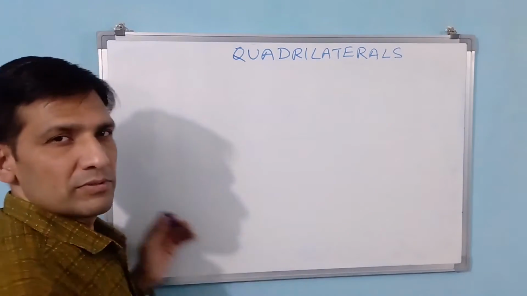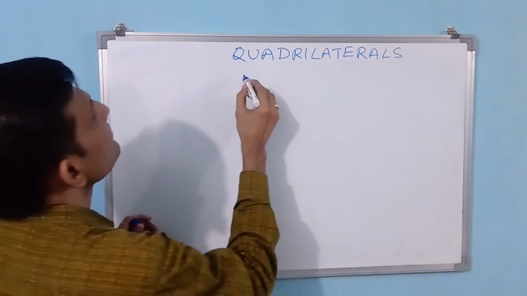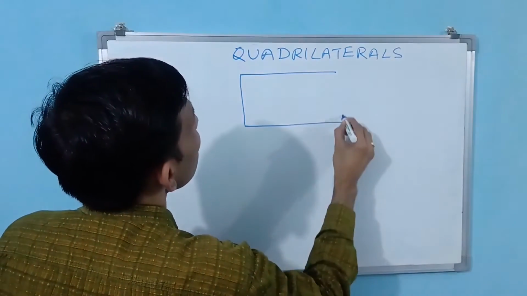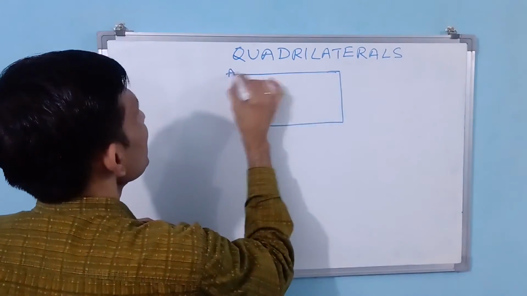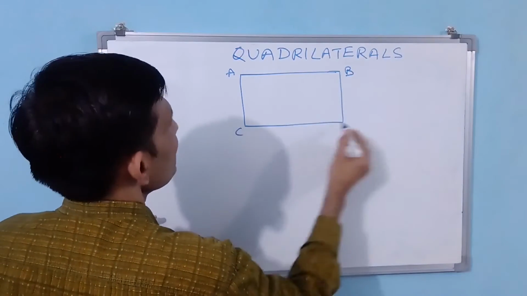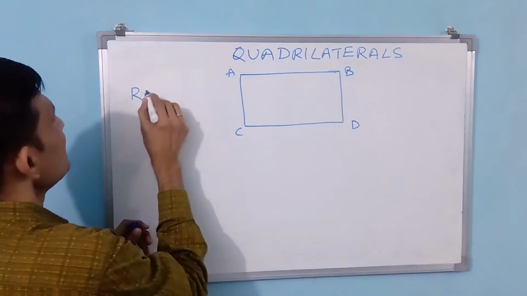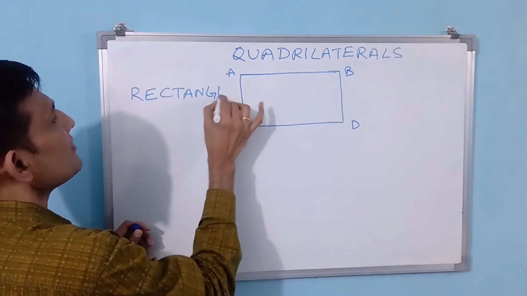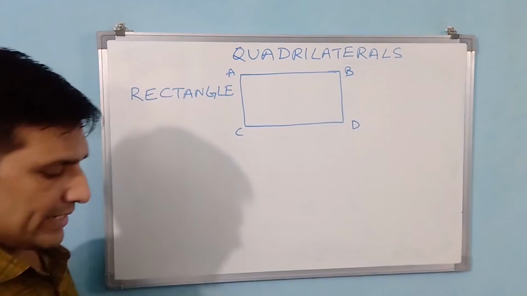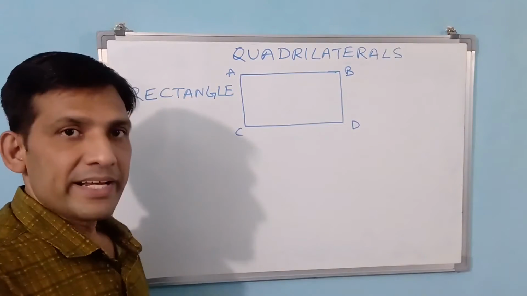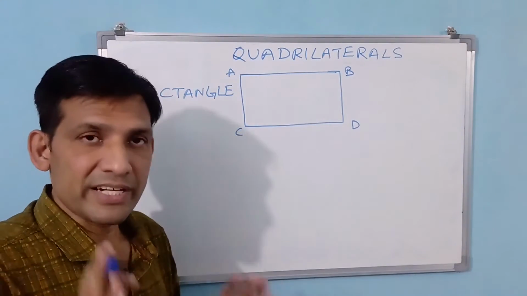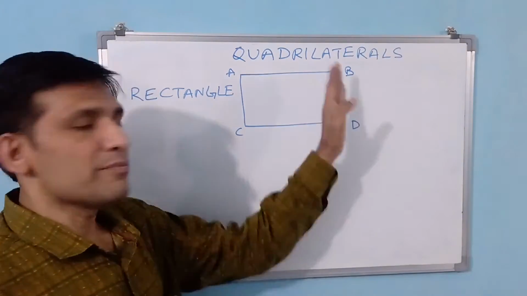After square, you know, the rectangle. A, B, C, D. This is a rectangle. How is it different from a square? In a square all sides are equal, but in a rectangle, length and breadth will be there.